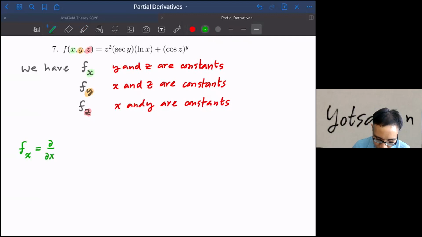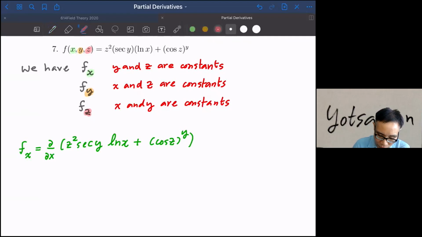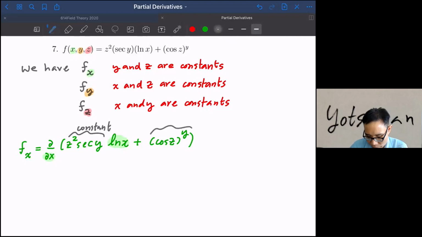So it's gonna be dx of z square sec y log x plus cosine z to the y. The thing that you're gonna differentiate turned out to be just x, so only one term that you need to take care of. The first factor turned out to be constant, and this one too.